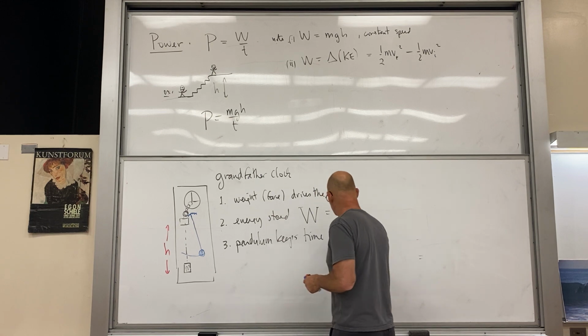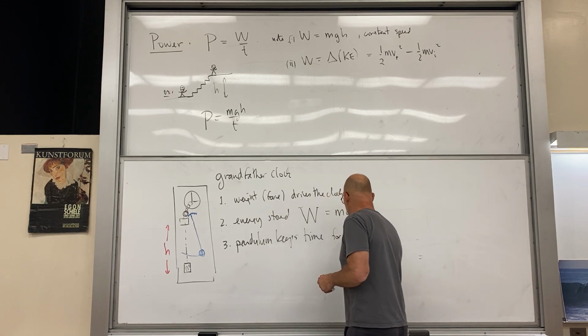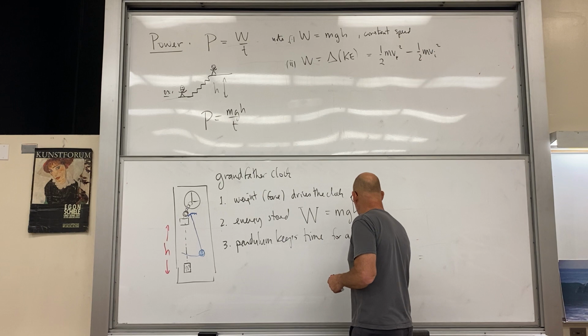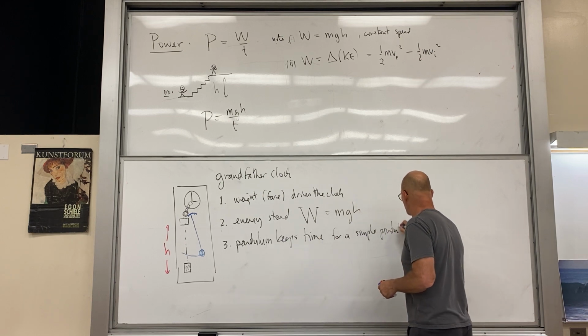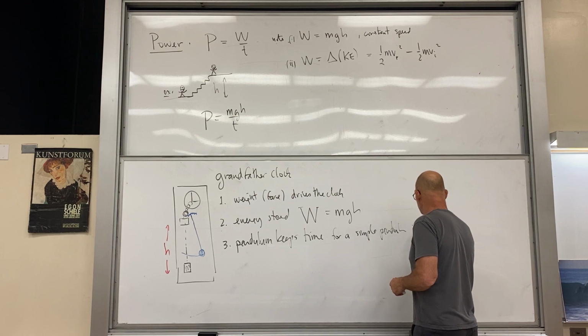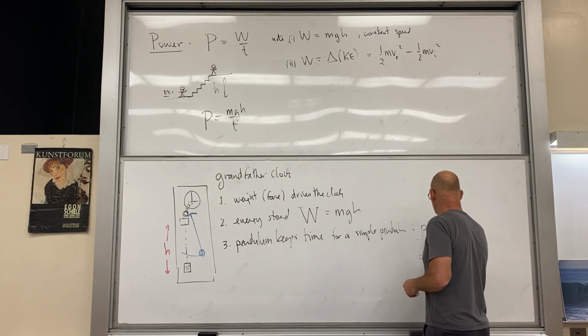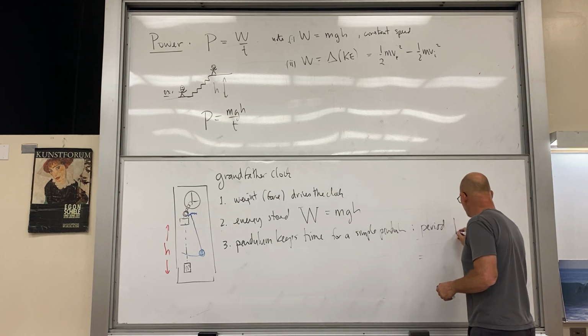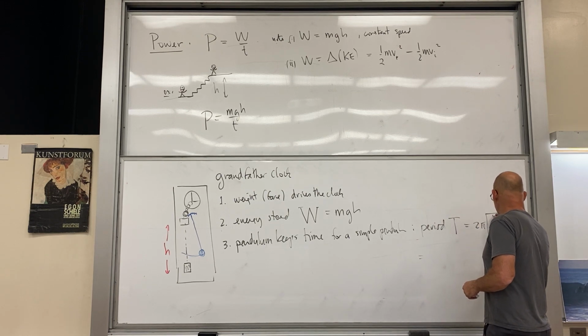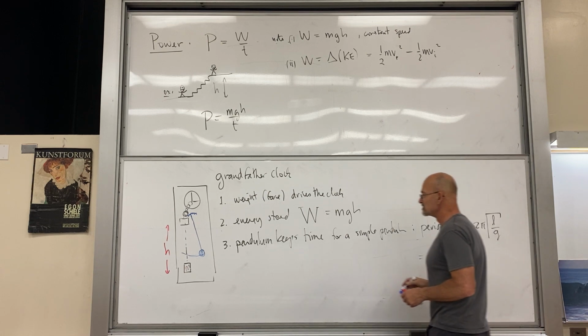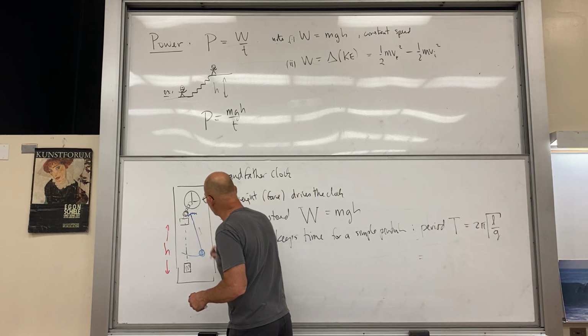In fact, for a simple pendulum, the period T is equal to 2 pi square root of the length of the pendulum divided by g. We're going to do this more formally later on. So there you have it.